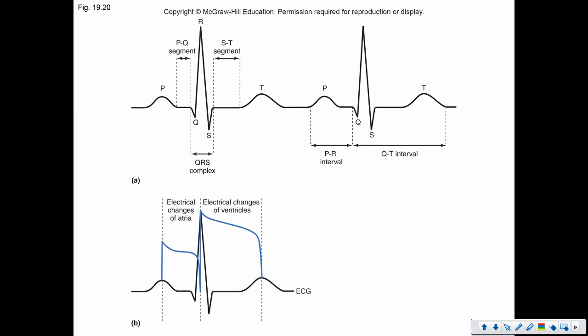Okay, so now what we're going to do is look at the conduction system of the heart and put it on an EKG. The first thing I'm going to show you is a video of what the EKG, or the ECG, represents, and then we'll look at how an ECG works as far as what the ECG is measuring.